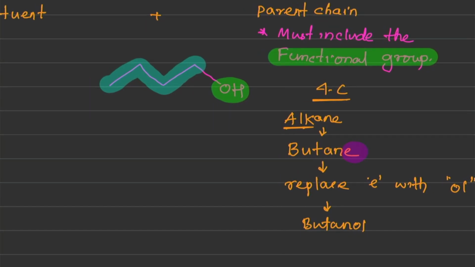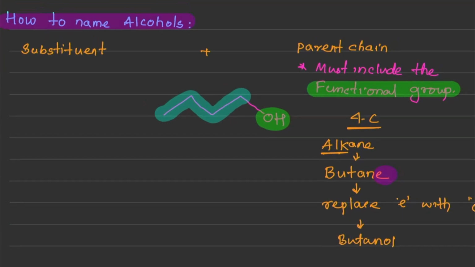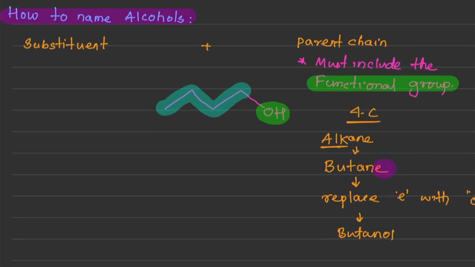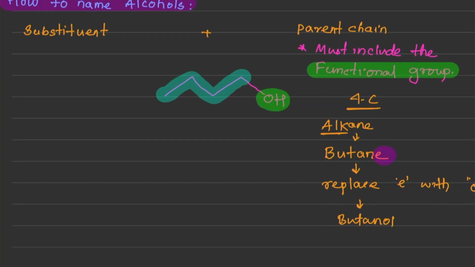Now, do we have any substituent here? If we had any substituents, we would have to add the substituent name right before our parent name. We don't have any substituent in this problem, so we're going to keep it simple. One more thing we have to do is add the location number.